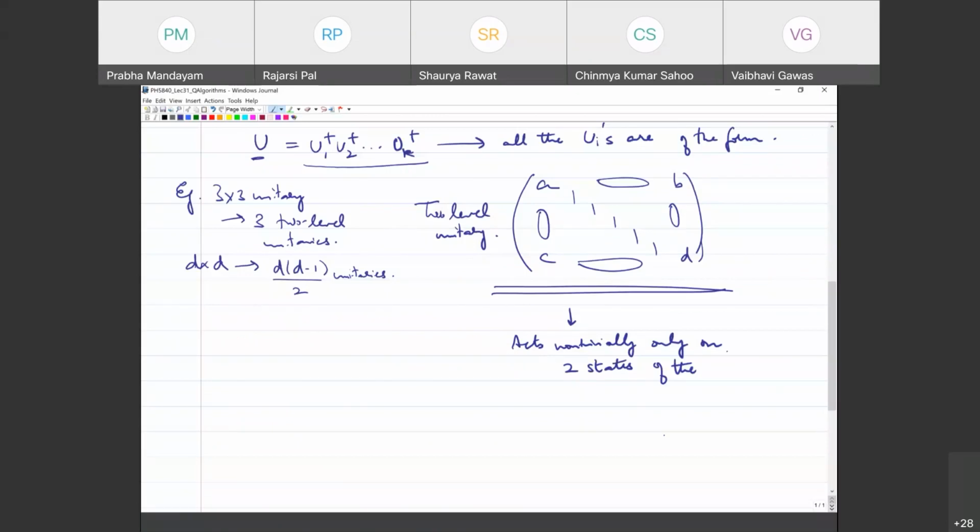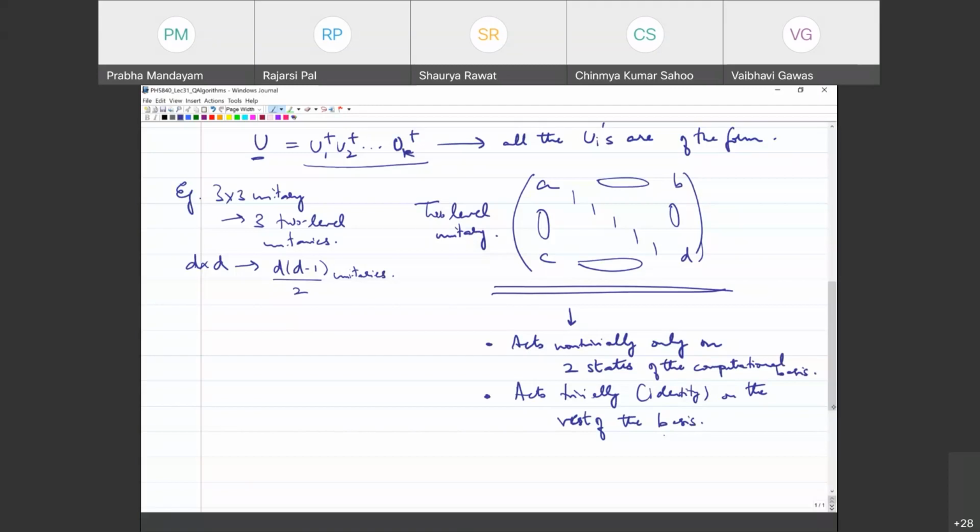So maybe D is 2 to the n, in which case it's an n qubit system. So it acts non-trivially only on two orthogonal states, and acts trivially, which means like identity, on the rest of the basis. So let me say only on two states of the computational basis. Okay, so that is what a two-level unitary is.